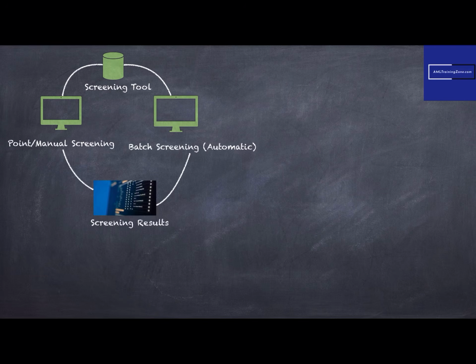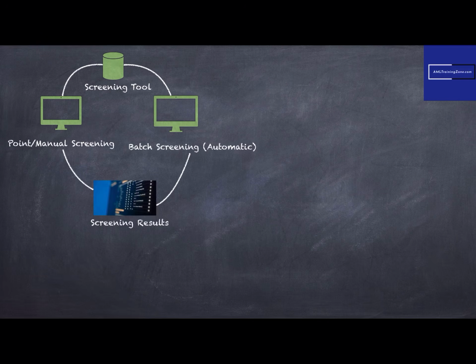The first step in the manual process is to enter the name of the private individual or entity that needs to be screened in the name data field of the screening tool. You select the appropriate search mode according to the screening tool, such as exact match or part match.